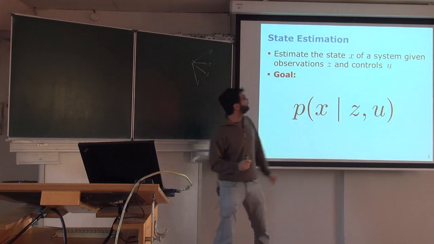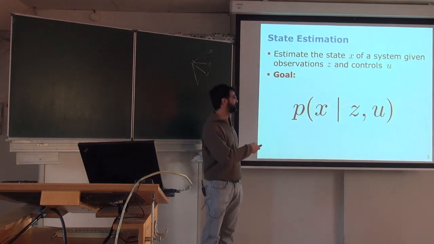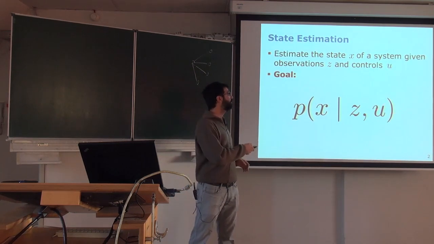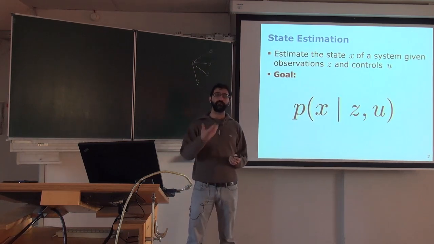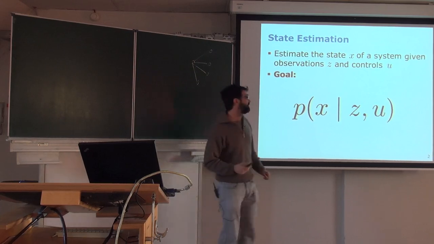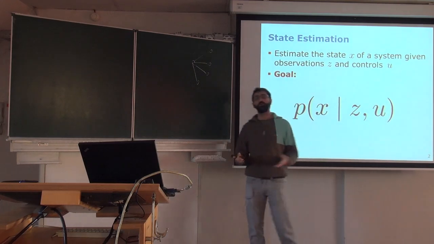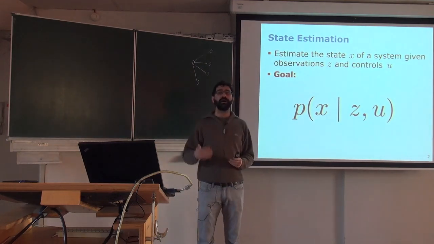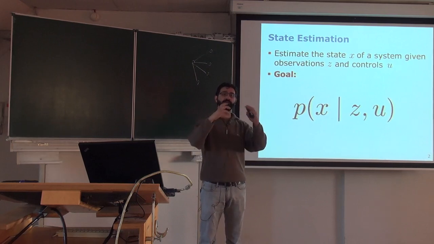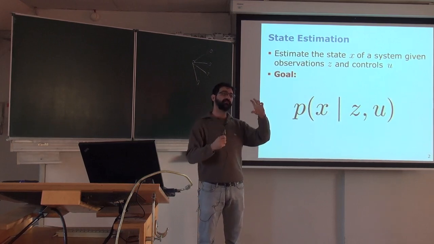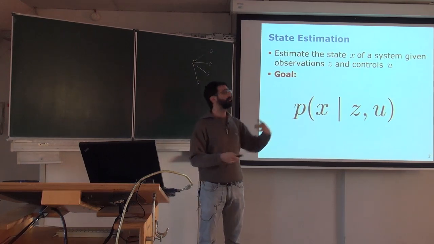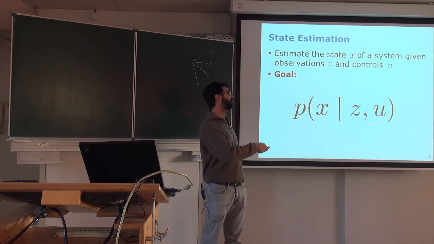Okay? Normally we call z the observations, and we call u the controls, because somehow it's what moves the robot around. But you can also imagine that this might not be the exact control, but what the robot measures after it makes an action. So if you have wheel encoders on the robot, which are sensors that measure how much a wheel turned, this can still be modeled by a u here.